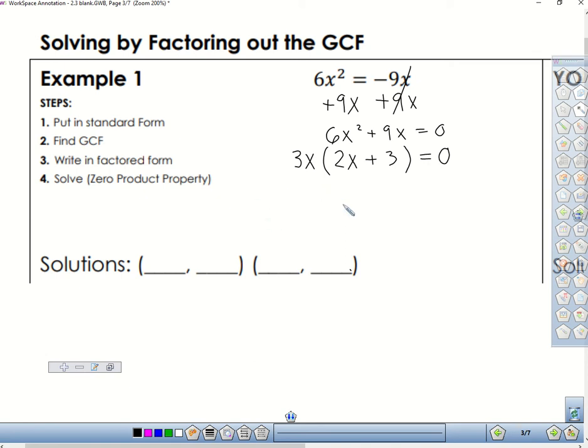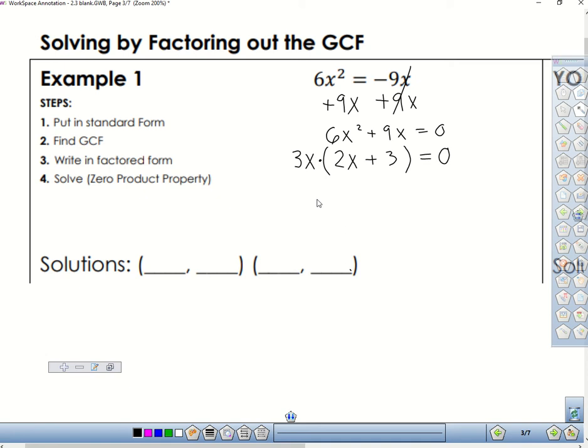So then from here, we use what's called the zero product property. When these two terms, like this 3x and this 2x plus 3, are being multiplied together, and we know that the result of their multiplication is equal to 0, that means there are two ways we can get 0.